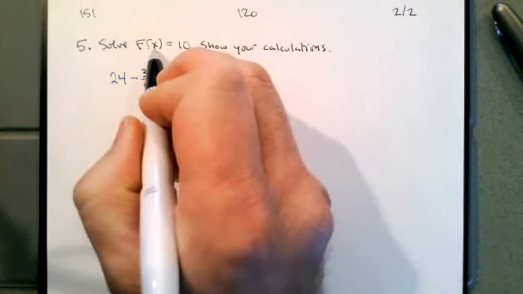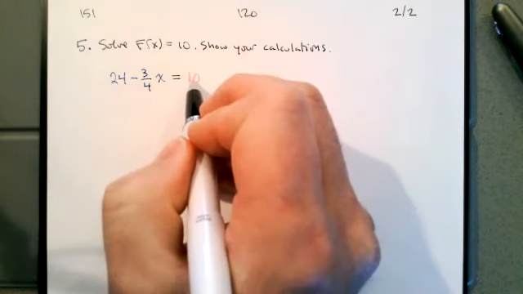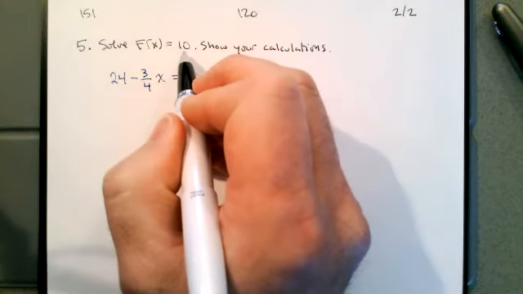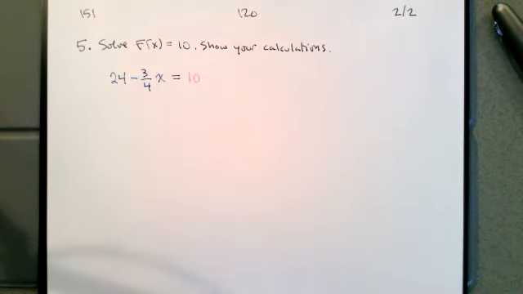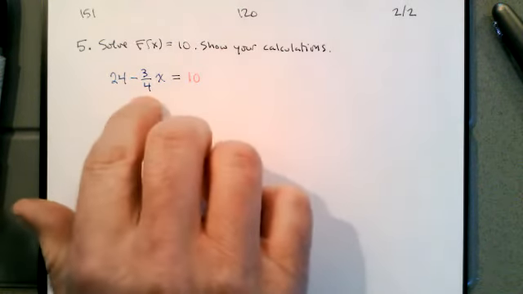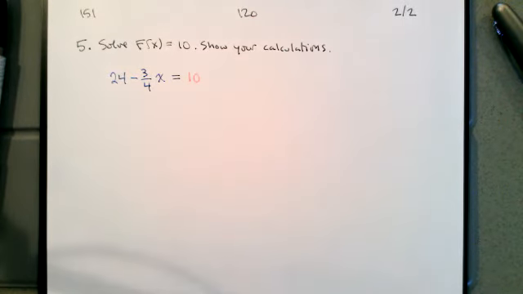We're trying to figure out what x will have an output of 10. So here 10 is the output. In problem 4, 10 was the input. So if 24 minus 3/4 of x is equal to 10, if we just think about what happened to the x and undo those things, do inverse operations in reverse order.